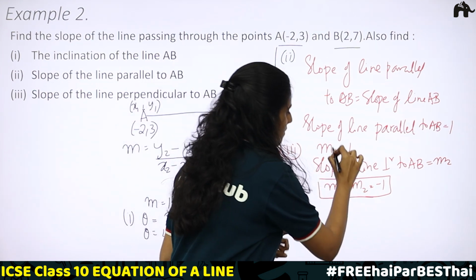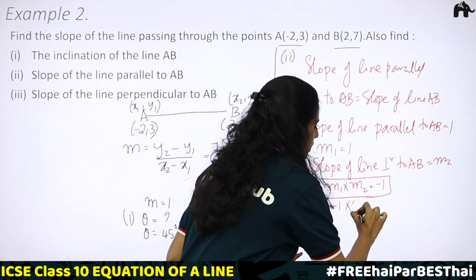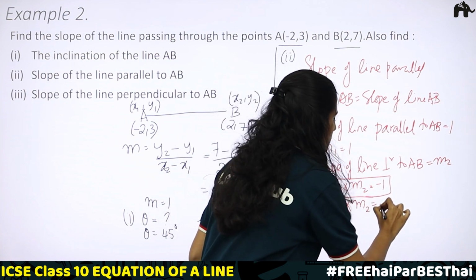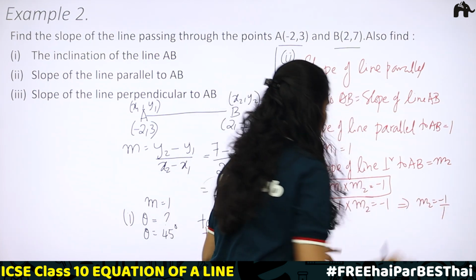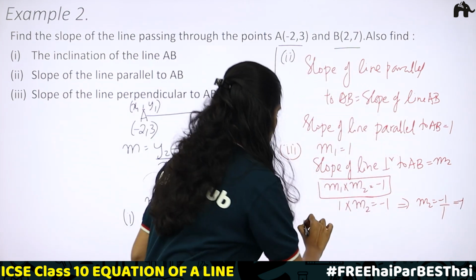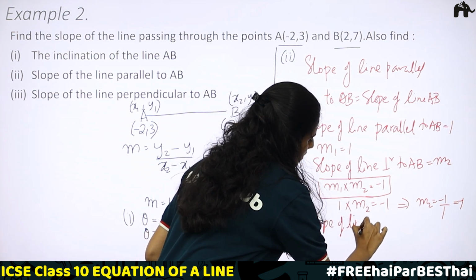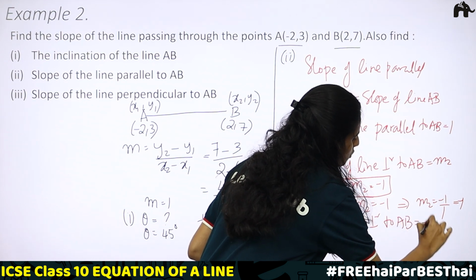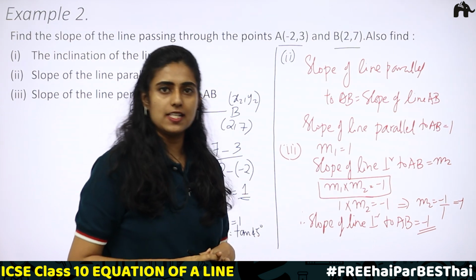Here we have m1 as 1 and m2 we need to determine. m1 into m2 is equal to minus 1, which implies m2 is equal to minus 1 divided by 1, and that is minus 1. Therefore, slope of line perpendicular to AB is equal to minus 1.